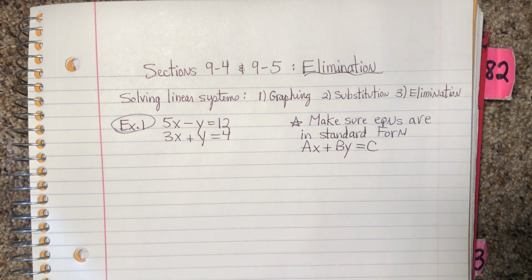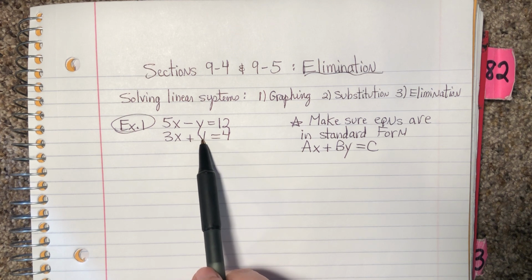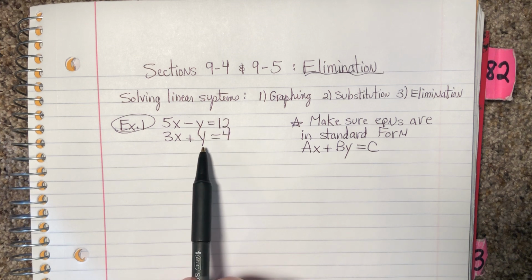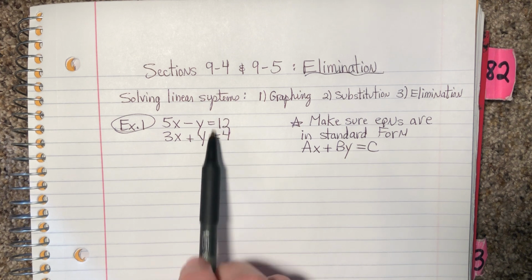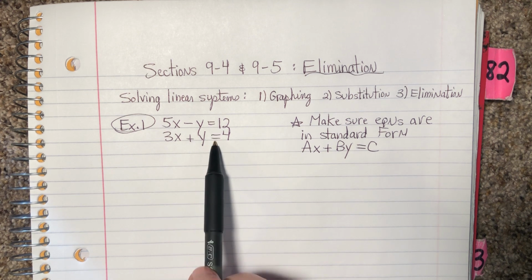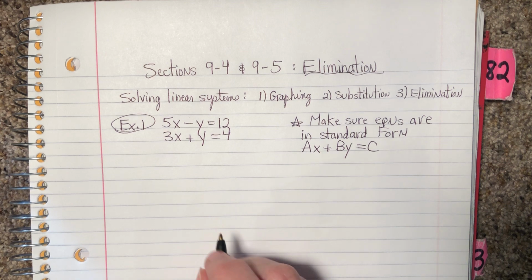That's different from the substitution method, where you have to take one of your equations and solve for one of the variables. Now, we're going to take our two equations and basically add them. We're going to add and eliminate one of the variables by adding.